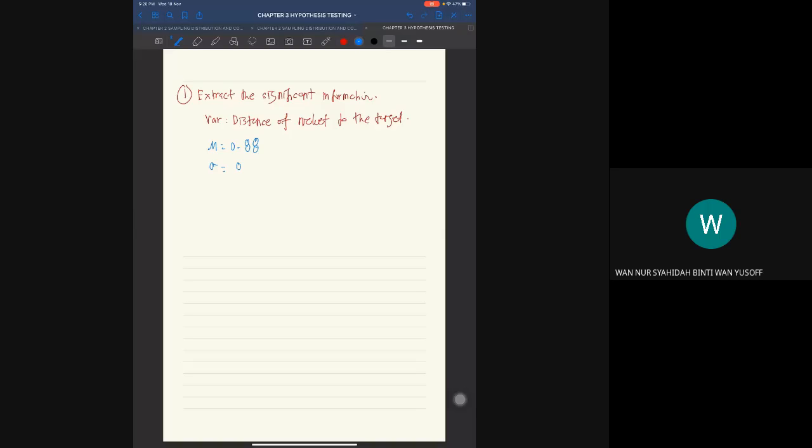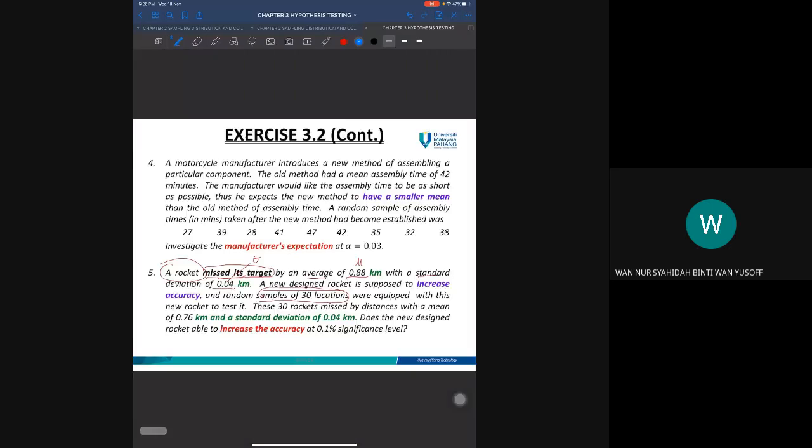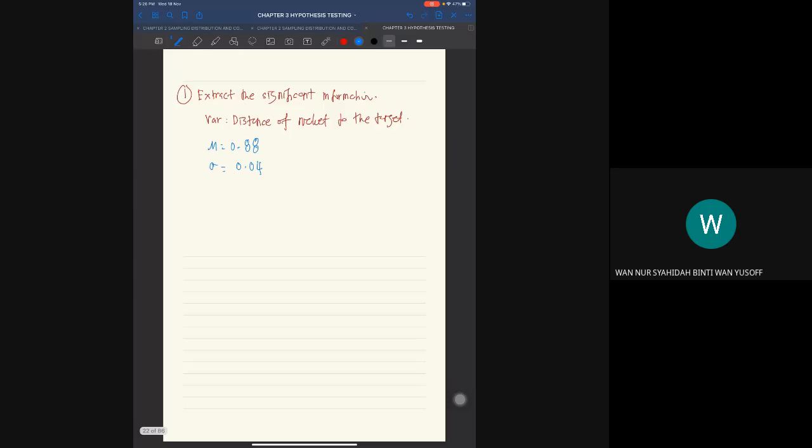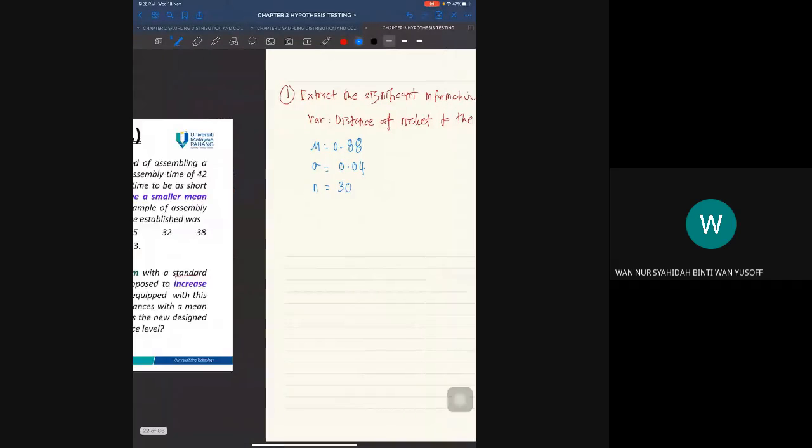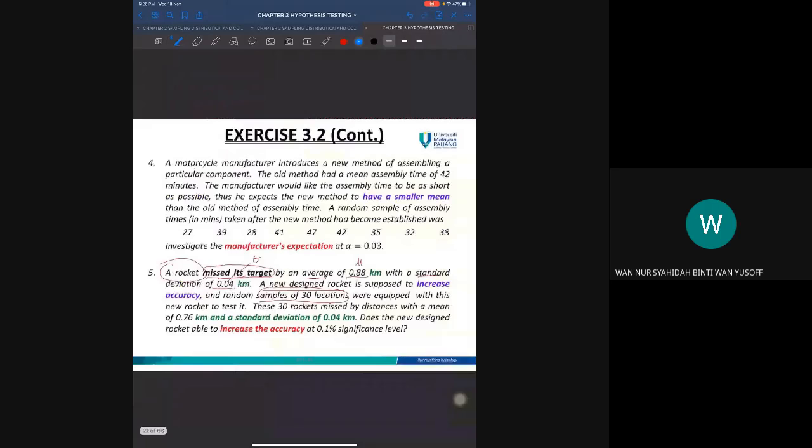A random sample of 30, so 30 is your n. These 30 rockets missed by a distance with a mean of 0.76 km and a standard deviation of 0.04 km.